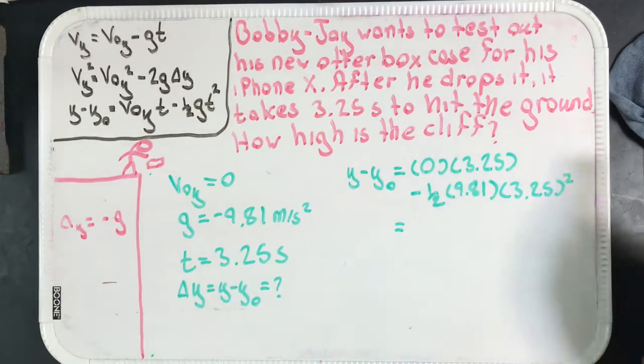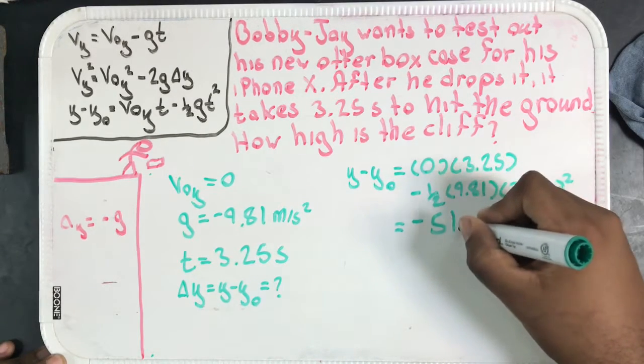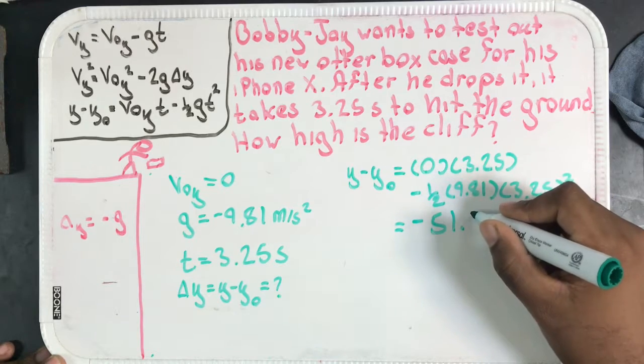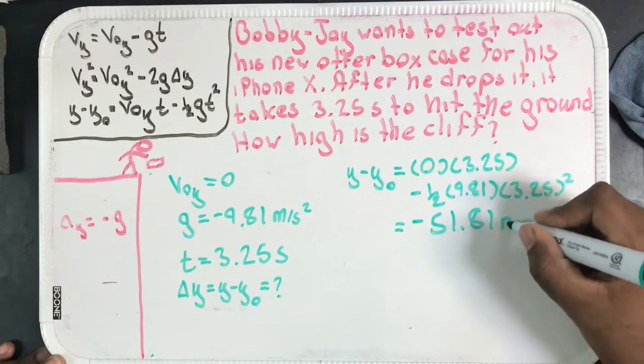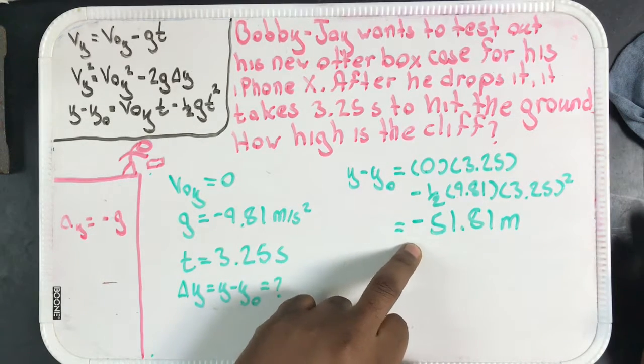Now, this top part is 0, and if we work out the bottom part, we have 1/2 times 9.81 times 3.25 squared. And our final answer is negative 0.81 meters.